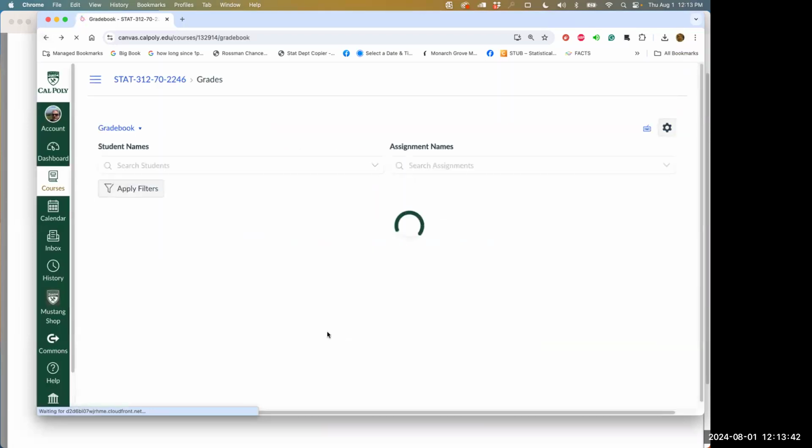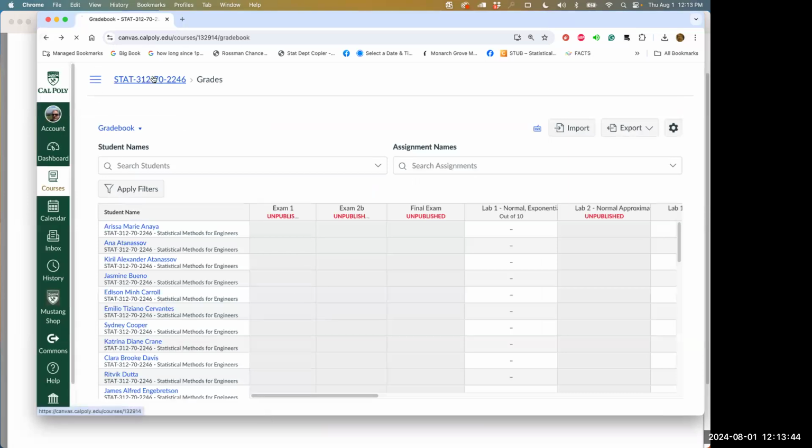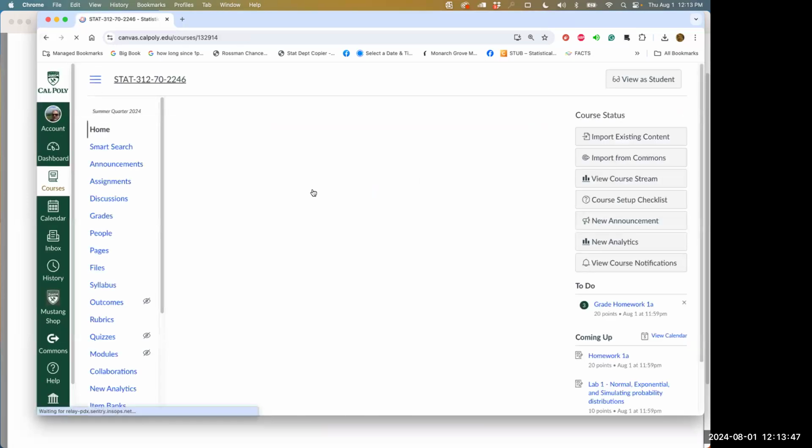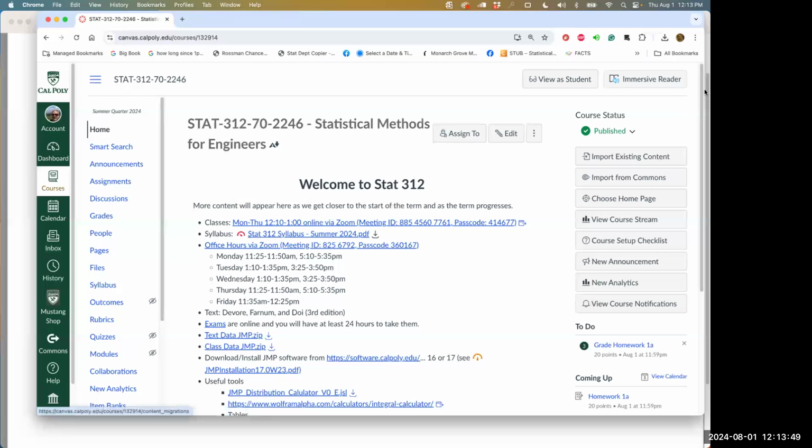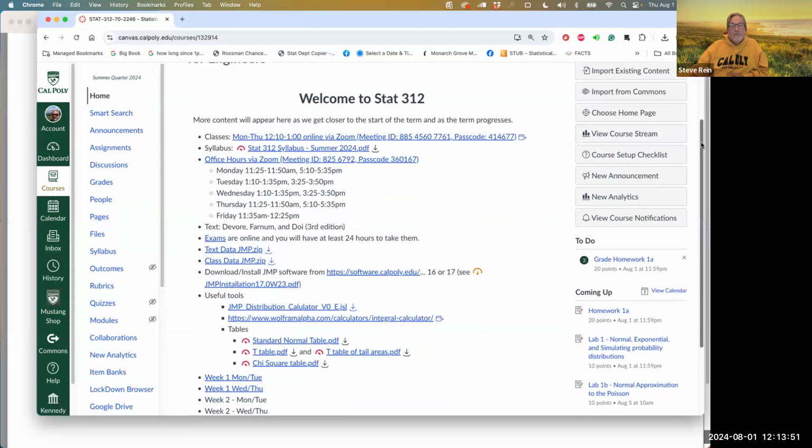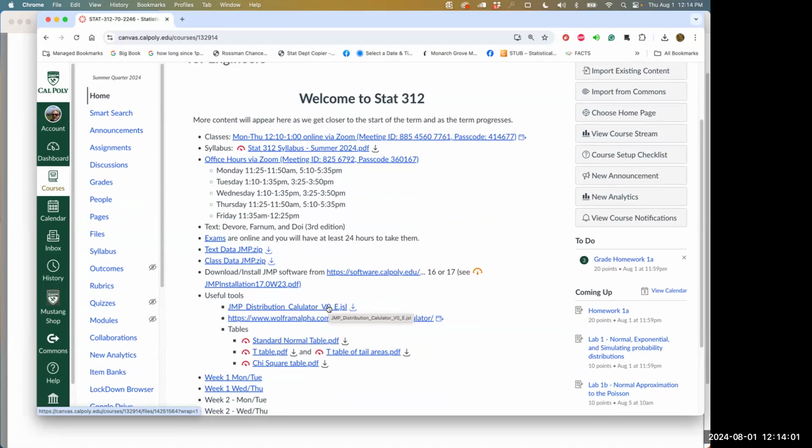Does that make sense, Jake? Yeah, I saw that table and figured maybe that's what you were referring to, but I just wanted to double check. Yeah, definitely. And the JMP probability distribution calculator, did you use that yesterday also? Yes. Okay.